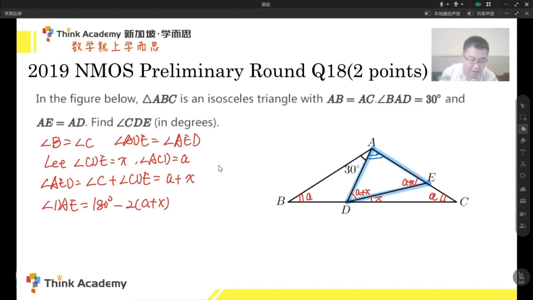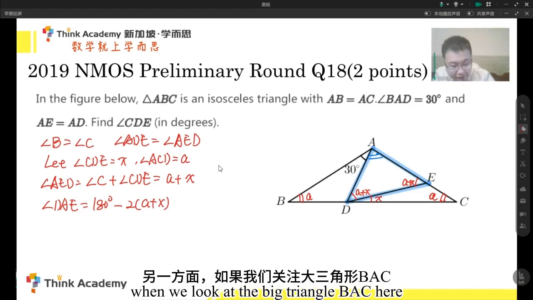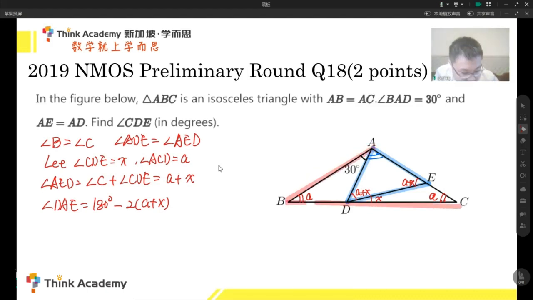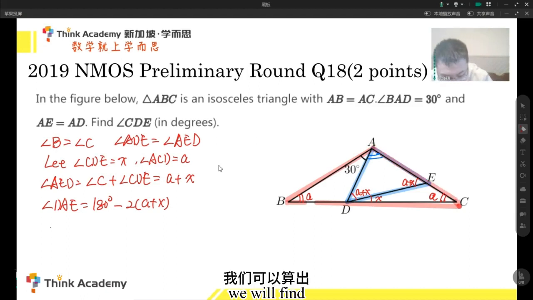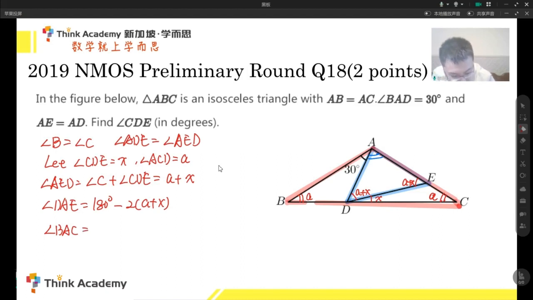On the other hand, when we look at the bigger triangle BAC here, we will find BAC to be 180 degrees minus 2A.